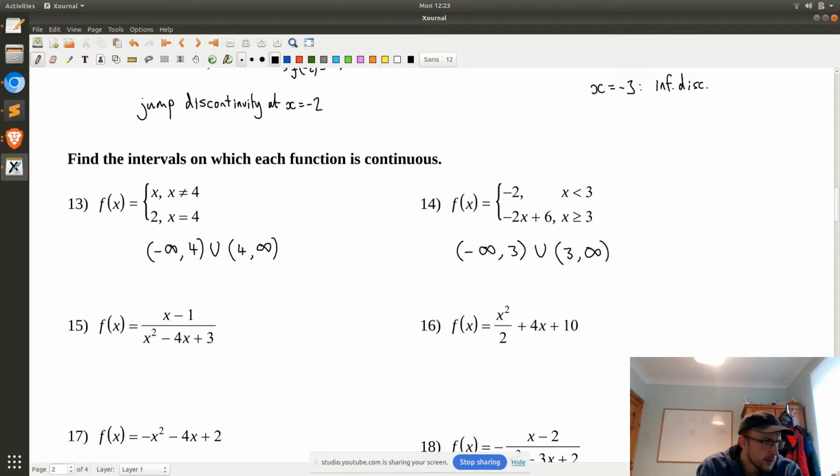Right, okay, so when you have a removable discontinuity, you clearly don't include the end values in either case. But over here, where you have a jump discontinuity, you would include it, because it is defined for that value there.